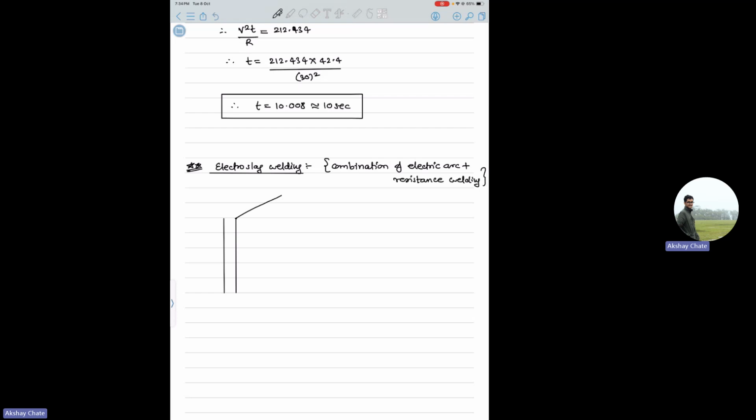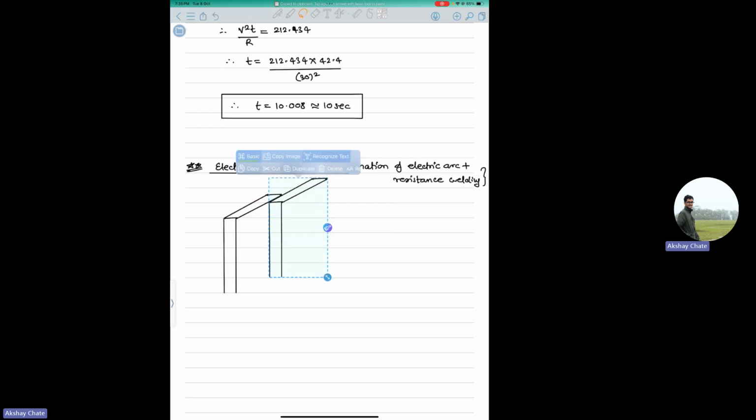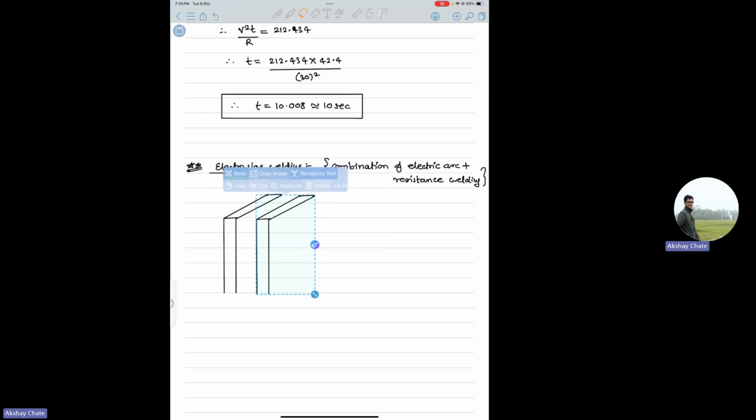Okay, so you'll have plates like this, and maybe another plate, so I'll just duplicate this. So you may have some arrangement like this.